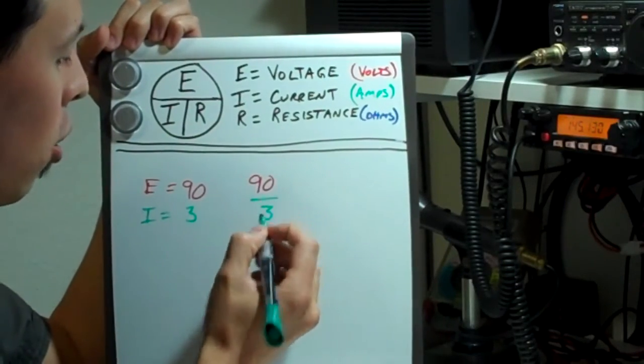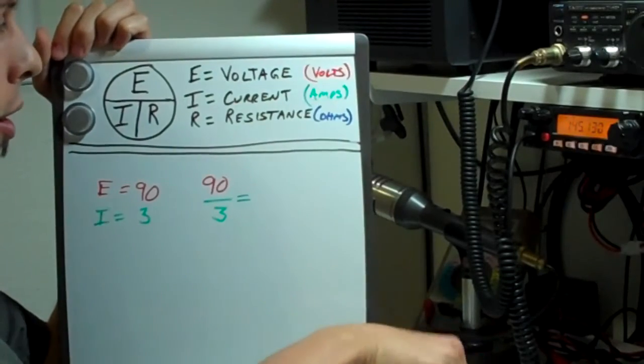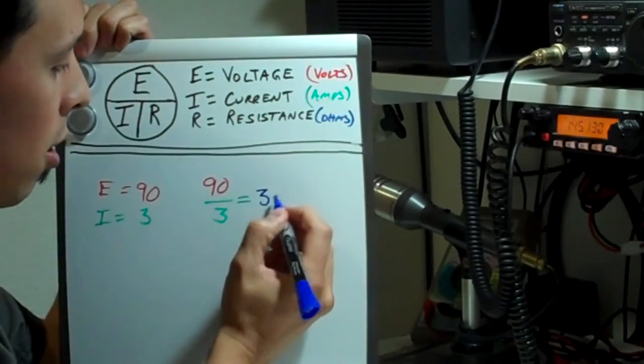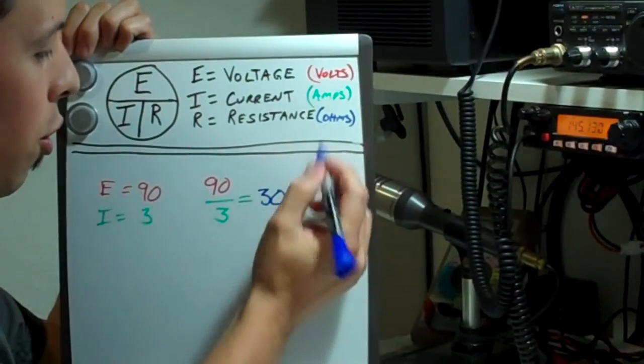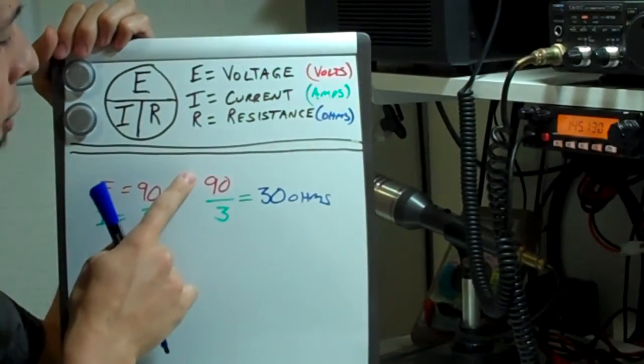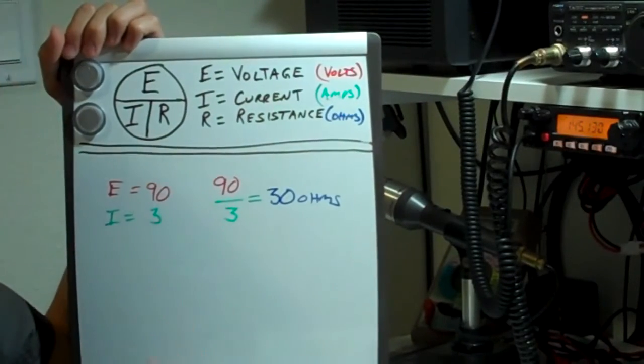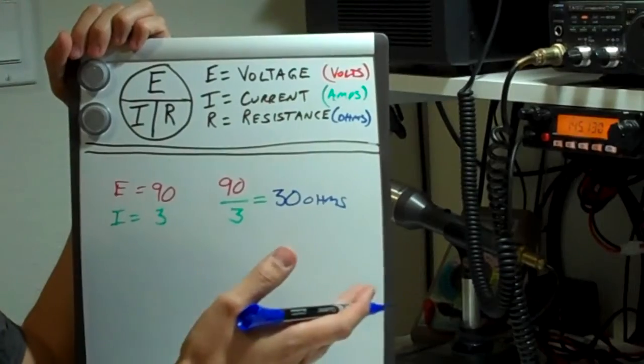So we have 90 over 3. And what does that equal? 30 ohms. So 90 volts divided by 3 amps equals 30 ohms. That's the correct answer. That's all you have to do.